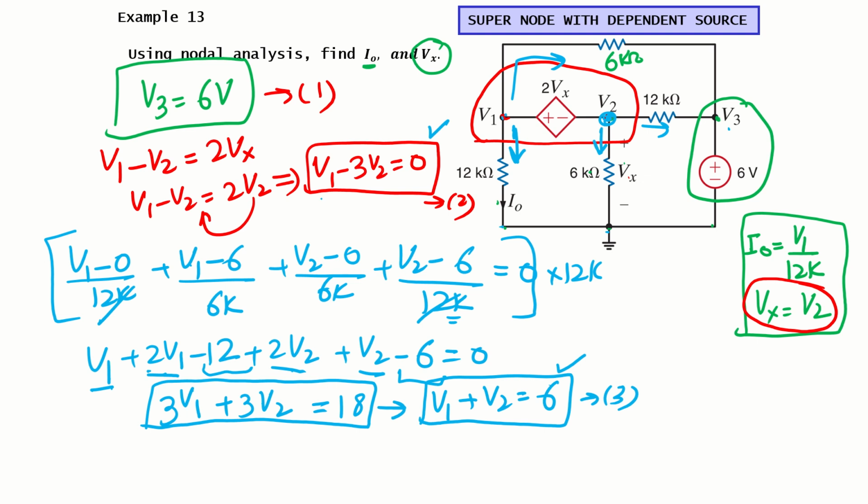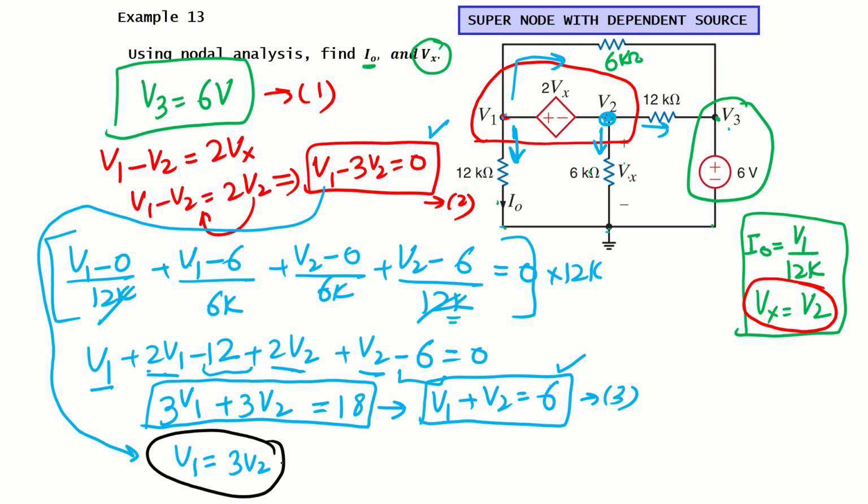From equation 2, I can write that V1 is just 3 times V2. Let's put that here: 3 times V2 plus V2 makes 4V2 equal to 6.